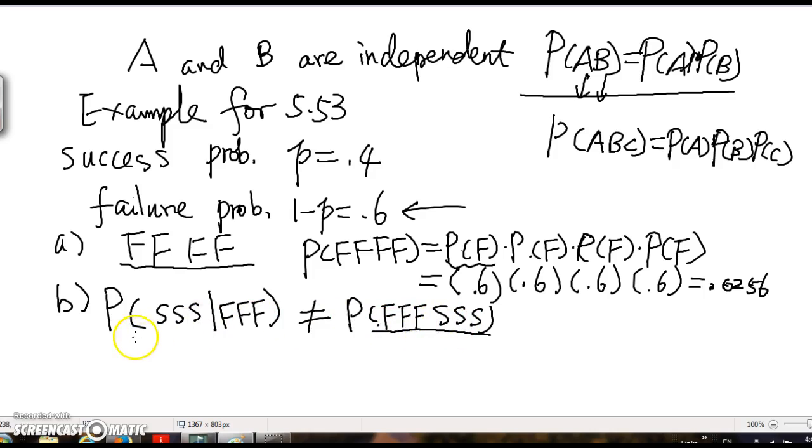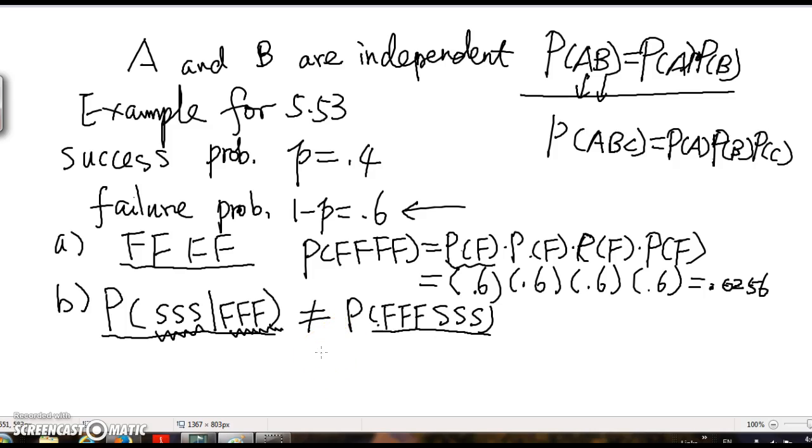This one is still looking for the probability of SSS, but given the condition that the first 3 trials were failures. So they're not the same thing.